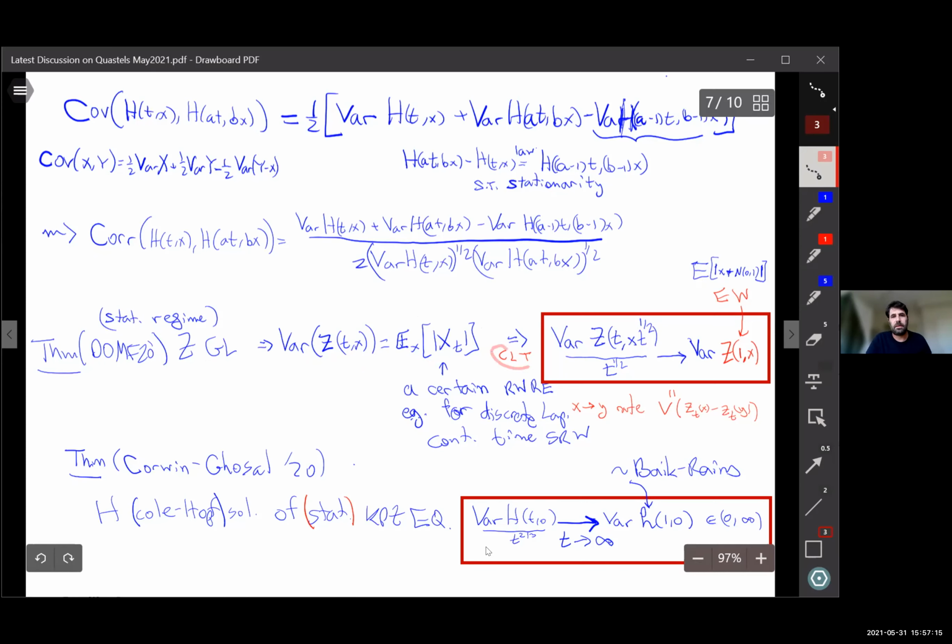And if you have a CLT for these, then you can get your limit for the variances very explicitly.